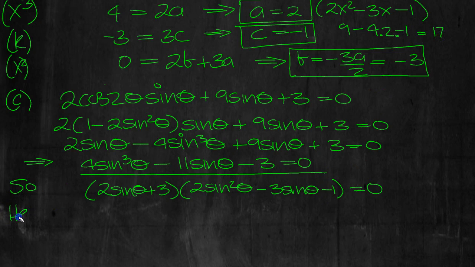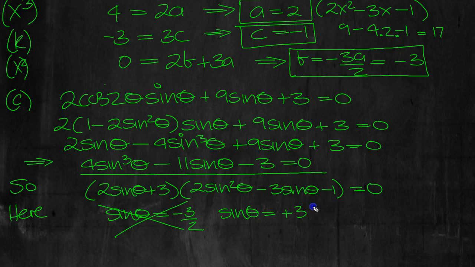So here then, sine theta is equal to, well, this one would give minus 3 over 2. So there's no values there. Also, this one gives sine theta equals minus b, that's plus 3, plus or minus the square root of b squared, well, we've just done it up here, haven't we? 17.